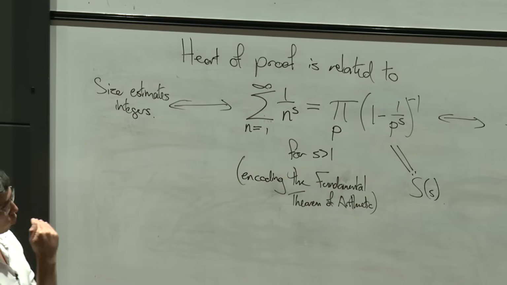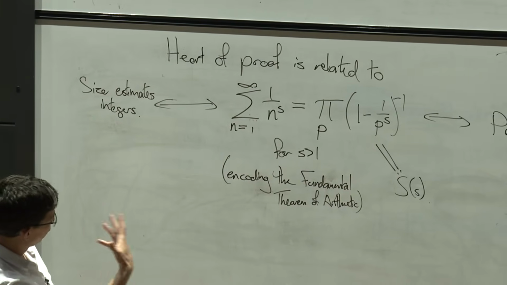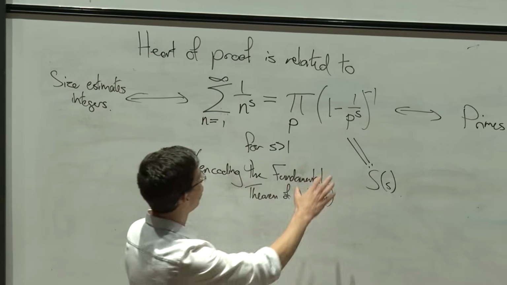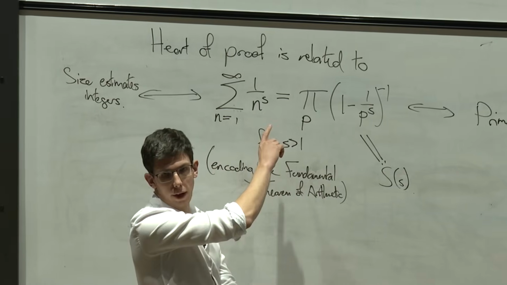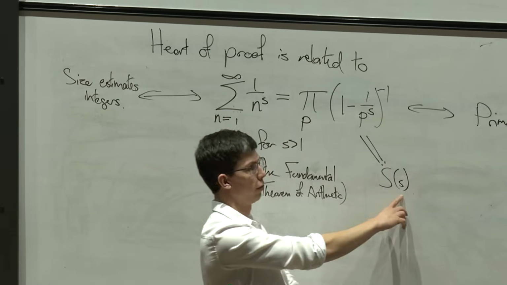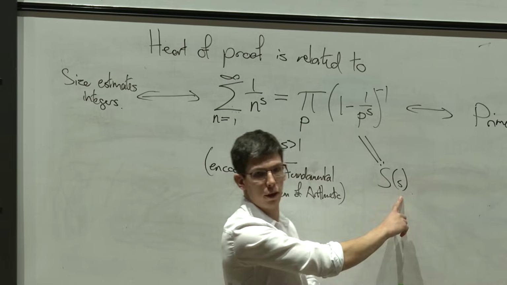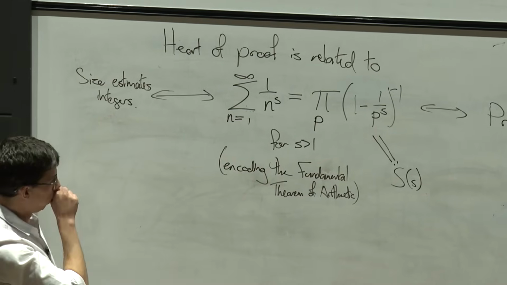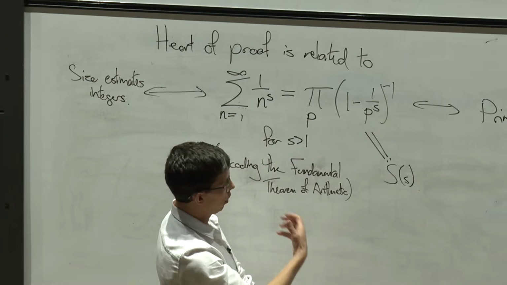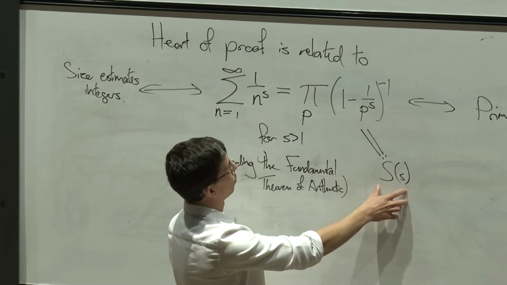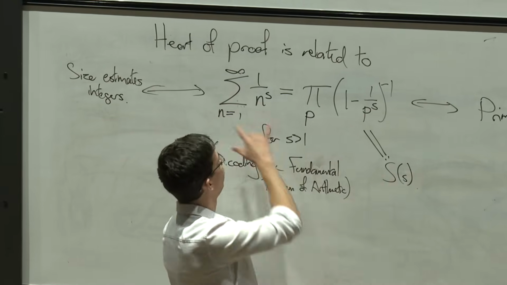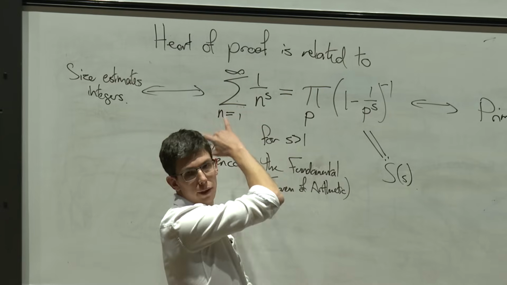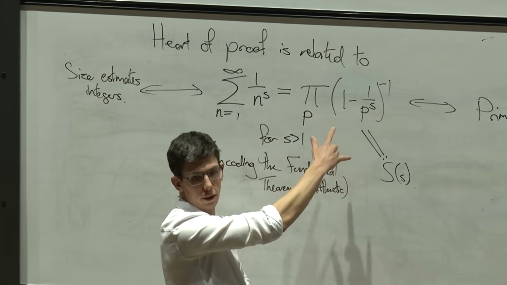Riemann's great insight was that you don't need to only consider this for real values of s, you can also consider it for complex values of s, and the complex values of s encode a huge amount of properties of prime numbers in terms of the Riemann zeta function, which can be understood because it has both this additive interpretation and this multiplicative interpretation.